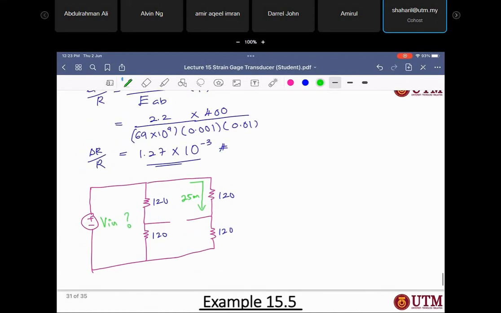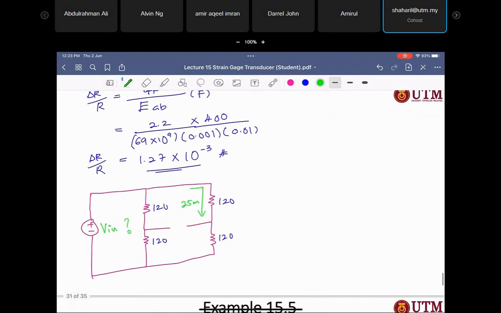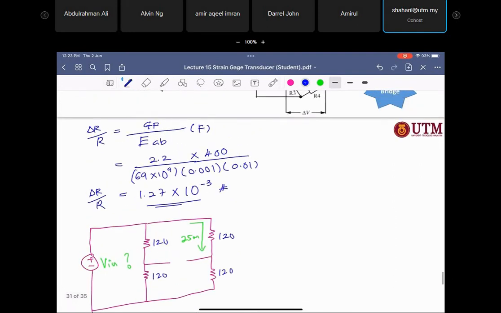Okay, so you can find the V in by applying the formula V equals IR, right? So V in equals IR. So I is 25 milliamp. But for R, you need to add it, what? 120, 120. Okay, this one, how much? 240 times 25.